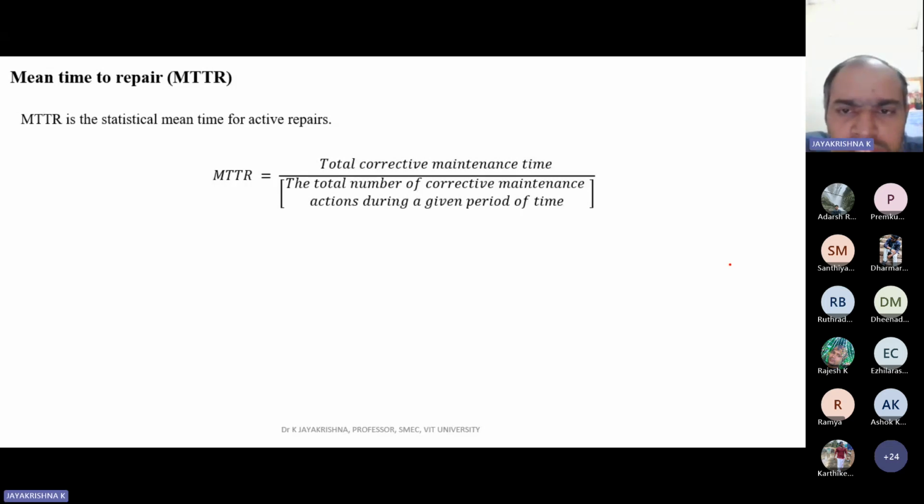This is about the hours of maintenance time, and here it's about the number of corrective actions you have taken, the number of corrective maintenance you made. So please note down this formula.